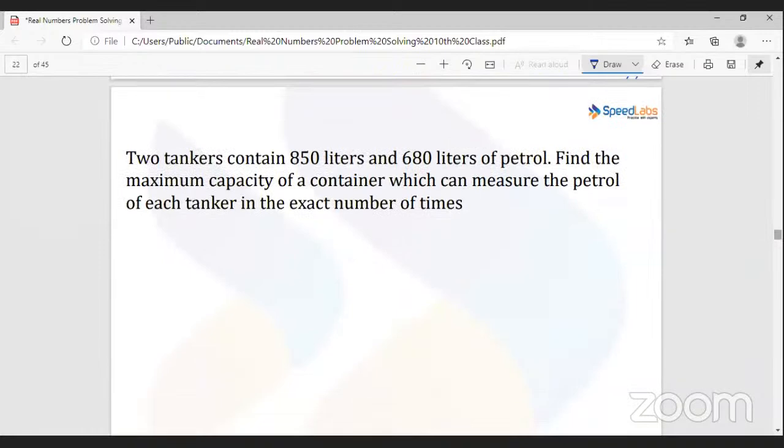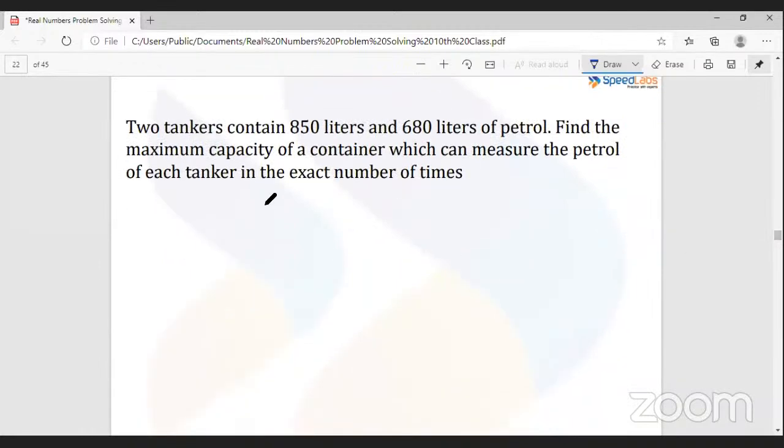So now let's quickly take this question. This is of HCF, okay? I think we should discuss the solution here, because this is of HCF, that one was of LCM. So this difference between LCM and HCF will be clear. Two tankers contain 850 liters and 680 liters of petrol.